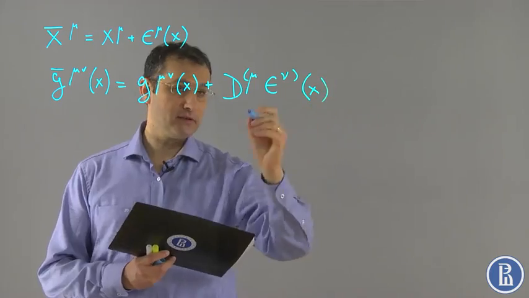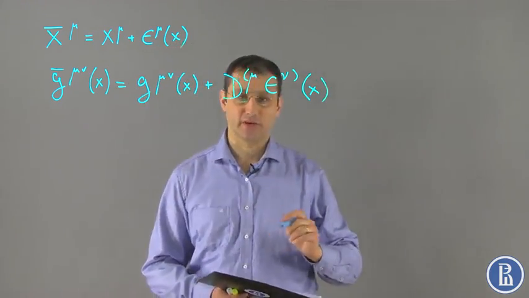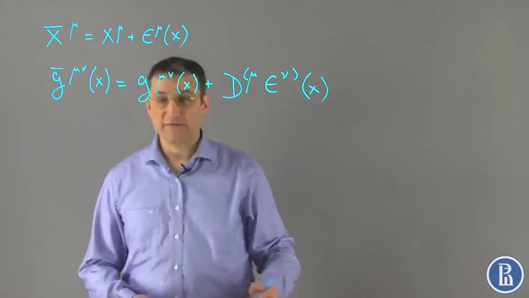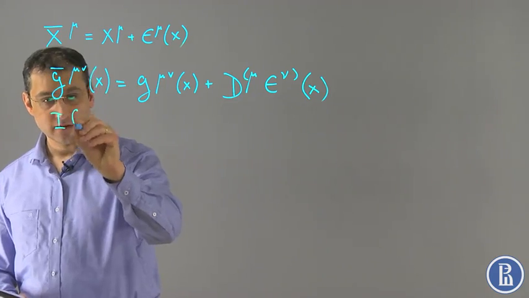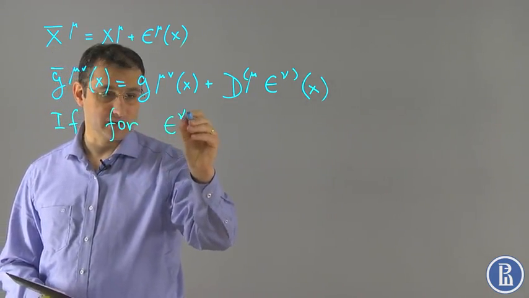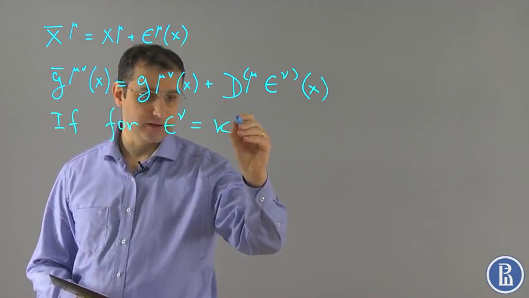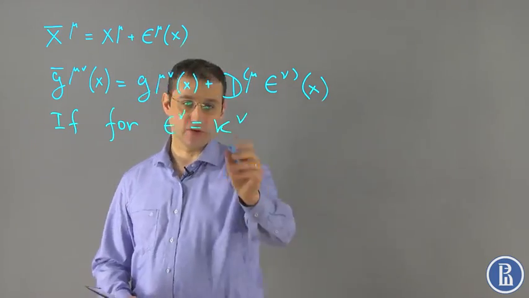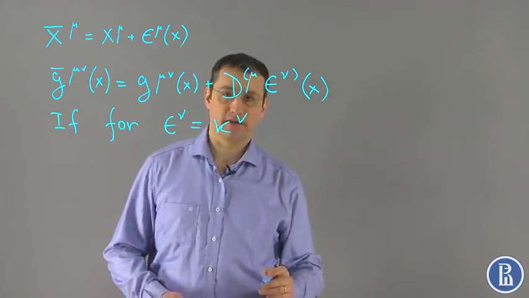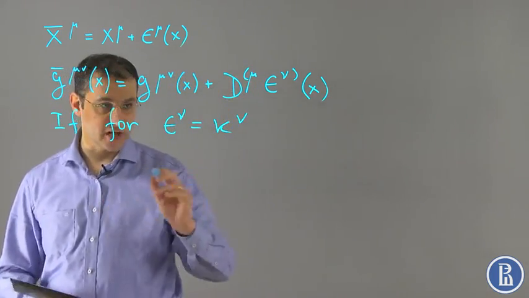This notation was introduced in one of the previous lectures, so it's the symmetrized covariant derivative. So if for some vector epsilon nu, which we will denote k nu, the metric doesn't change under the coordinate transformation, doesn't change at all.